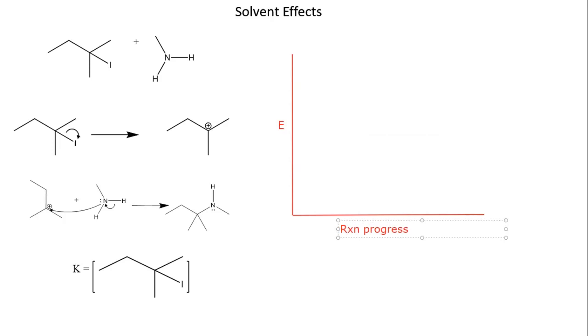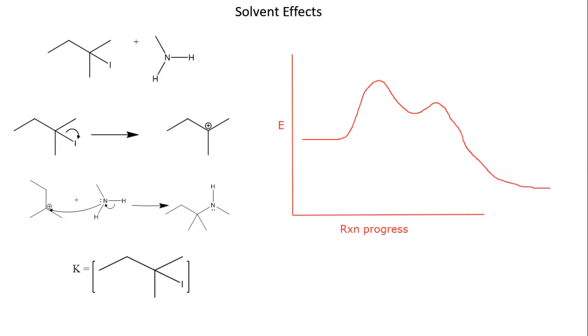Let's do one, for example. This is an SN1 reaction. We have our rate determining step, we form our intermediate, and then we form our products.